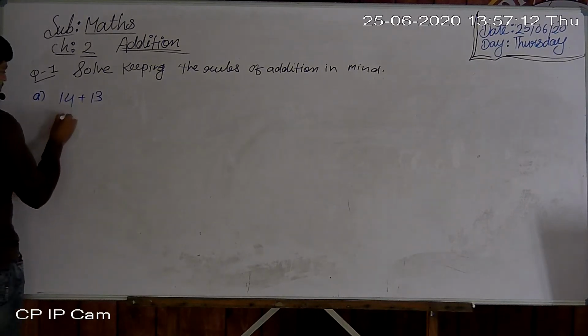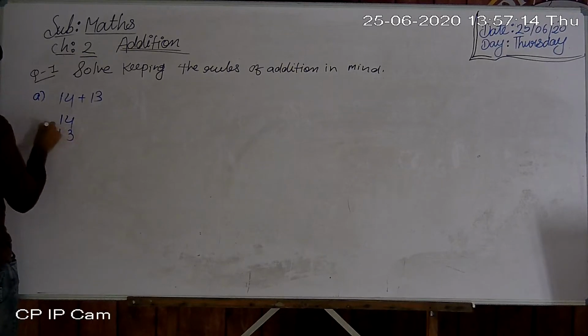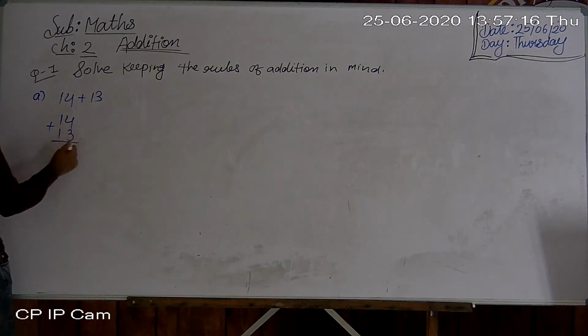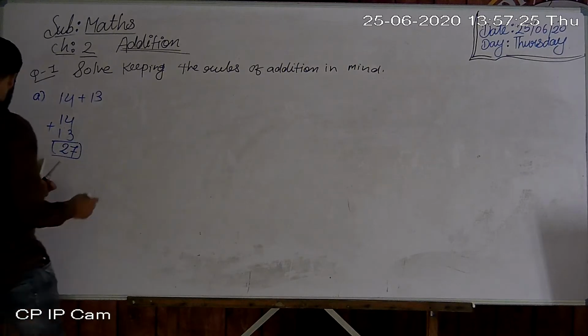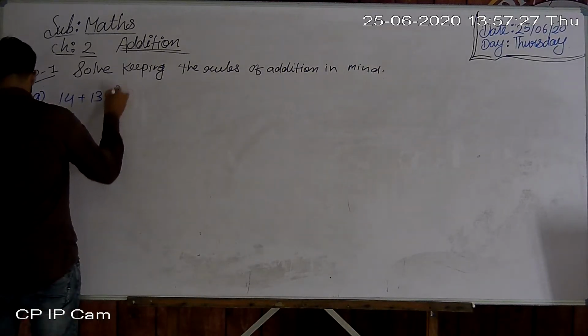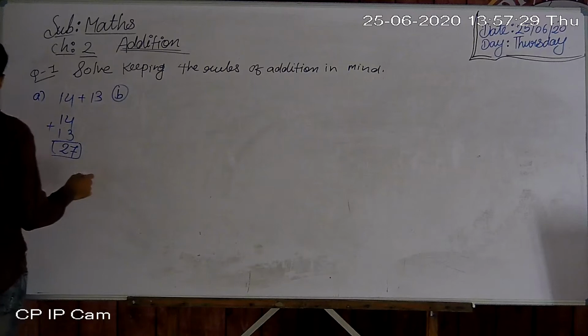We solve it like this: 14 plus 13. 4 plus 3, how many? 7. Then 1 plus 1, so 2. So that is our answer. Next one is B. How can we identify?